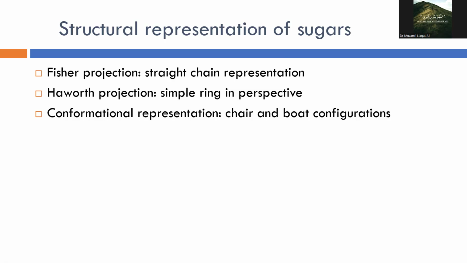Second one is the Haworth projection, a simple perspective view of the ring form that shows the relative position of the hydroxyl groups and the anomeric carbon. Number 3, that is conformational representation, that is chair and boat configuration. Most accurate three-dimensional depiction reflecting the actual spatial arrangement due to the tetrahedral geometry of the carbon atom.